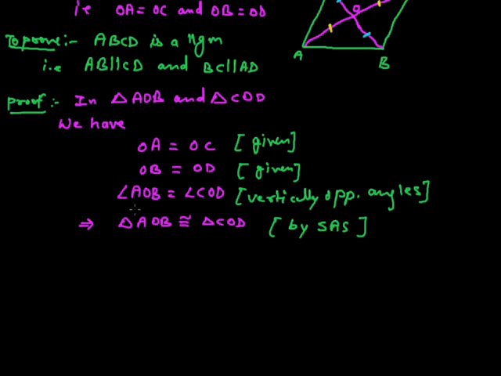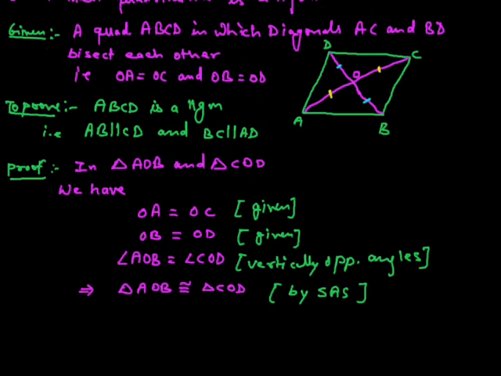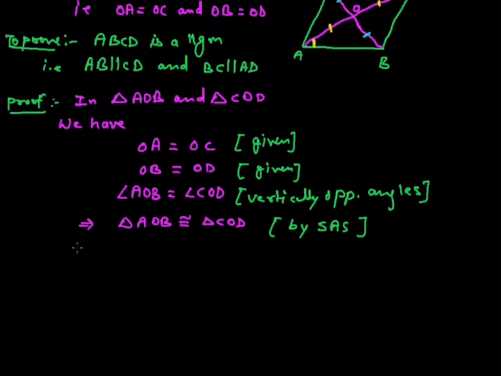Now, once we prove the triangles congruent, then by CPCT we can say this angle OCD is equal to this angle OAB. Then we can write this implies angle OCD is equal to angle OAB by CPCT.